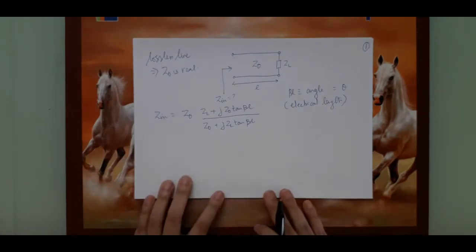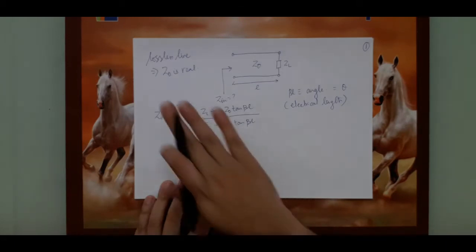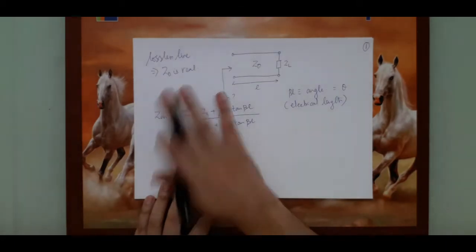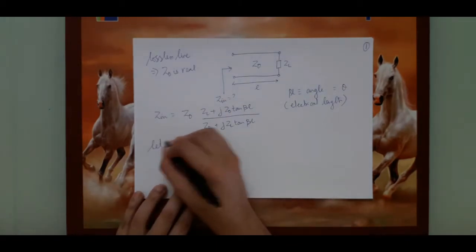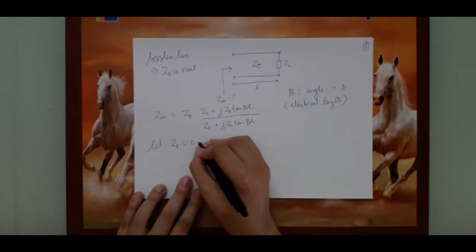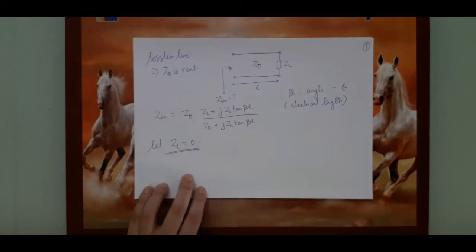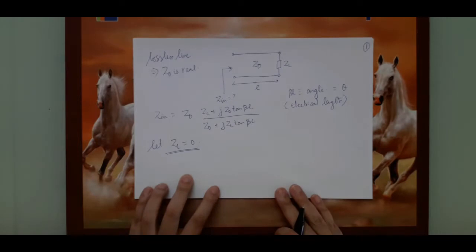Now let us take a very special case. Let ZL be 0. What is happening?